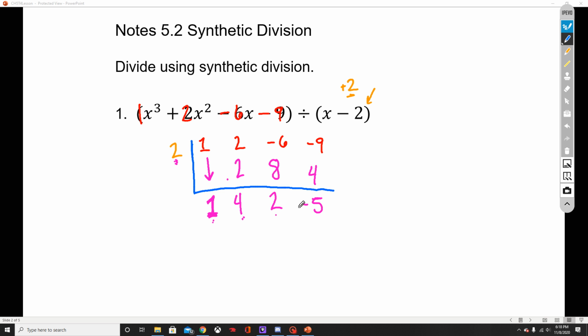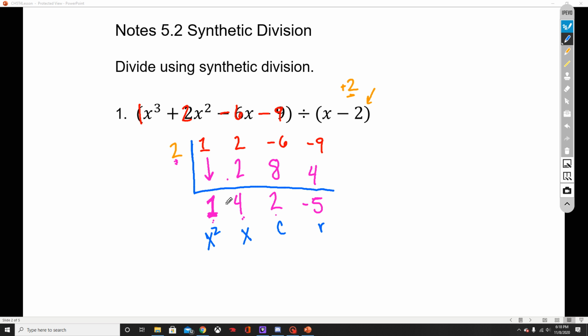If we start from right to left, they always go in the same order. This would be the remainder. This would be the constant. This would be the x. And this would be the x squared. It always goes in that order.